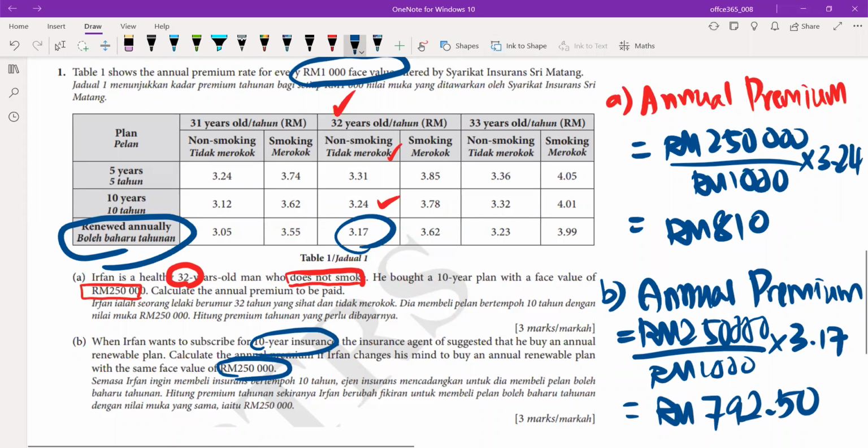So insurance will be okay. Like that already 6 marks. Wow, so easy, right? Actually, these few chapters, consumer mathematics, insurance, taxation, are very direct. It's just that students don't know how to do it correctly.